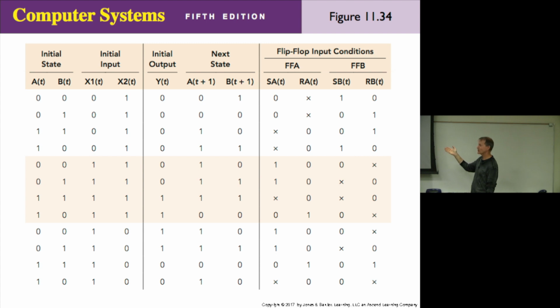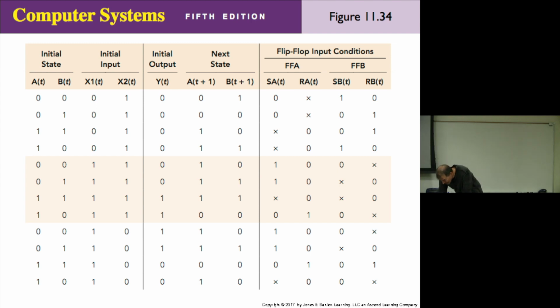You were close. 5. Good. Because why? We need also a Karnaugh map for the Y, for the output. So we need a Karnaugh map for SA, RA, SB, RB, and Y.